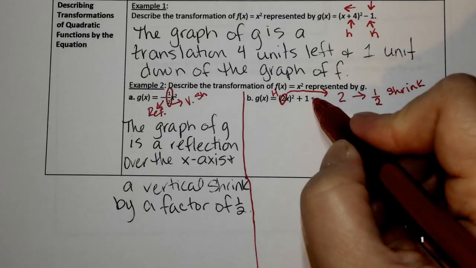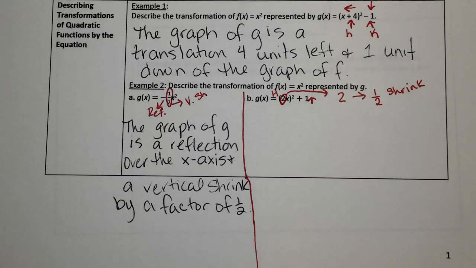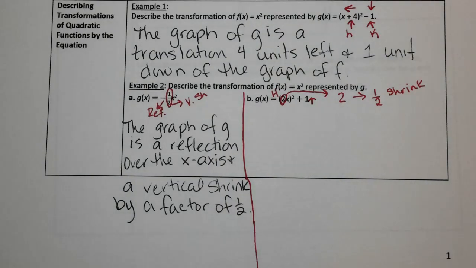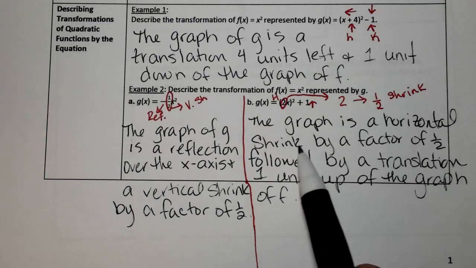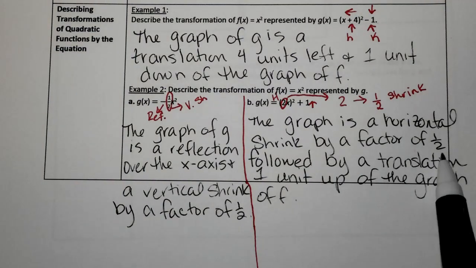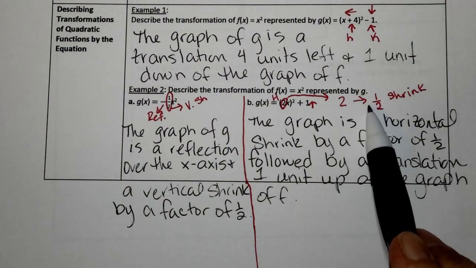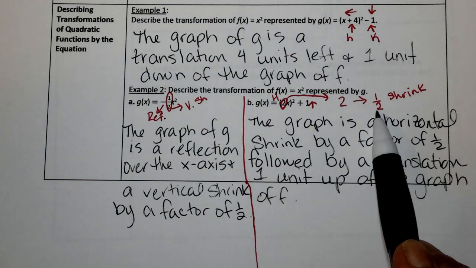And then we know this plus 1 means it's going up 1 unit. So this is a horizontal shrink by a factor of 1/2, followed by a translation 1 unit up. All right, so in your answer, when you're talking about stretches and shrinks, you need the factors, and in horizontals, your factor is the reciprocal.